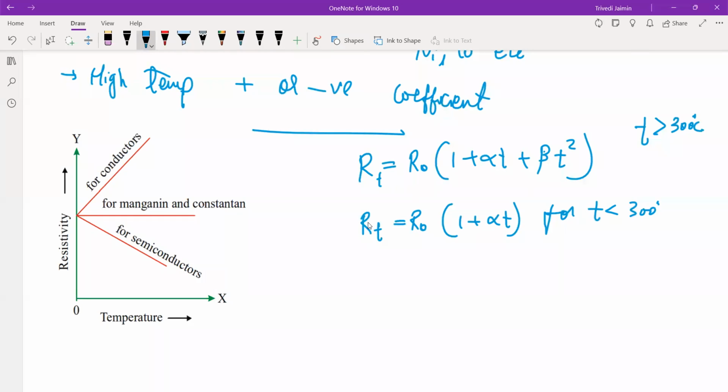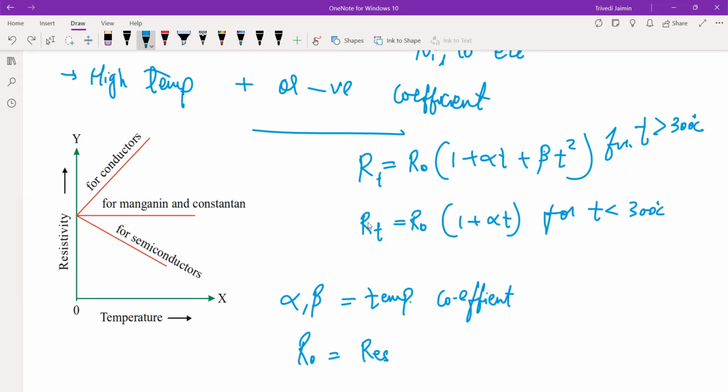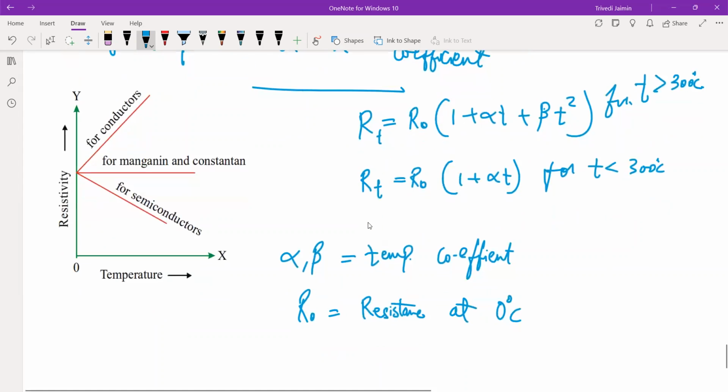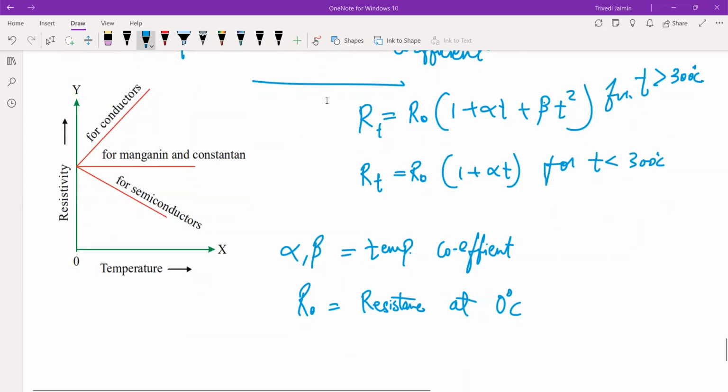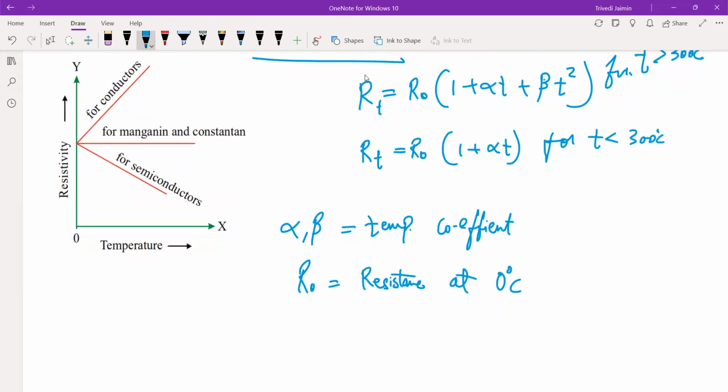They are temperature coefficients. R naught is resistance at 0 degree Celsius, and R_T is resistance at T temperature.